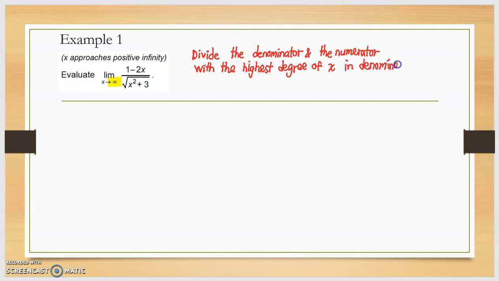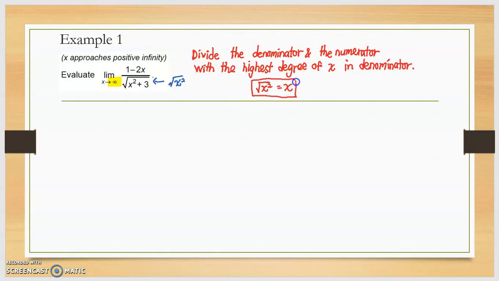So if x approaches positive or negative infinity, we will divide the denominator and the numerator with the highest degree of x in the denominator. In our denominator, the highest degree is the square root of x squared, and at the same time you have to remember that the square root of x squared also equals x.